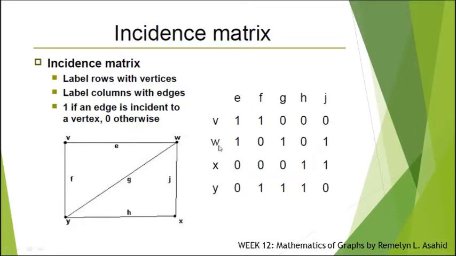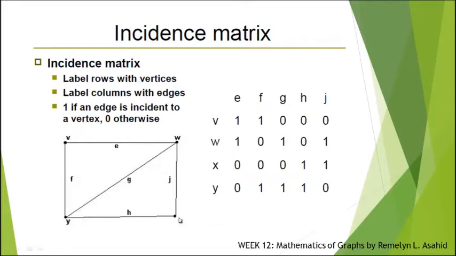For vertex W, the edge E is incident, so 1. F is not incident, not connected, so 0. G is connected, so 1. H is not connected, 0. J is 1, which is connected.